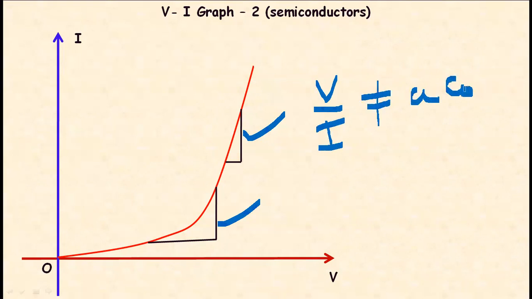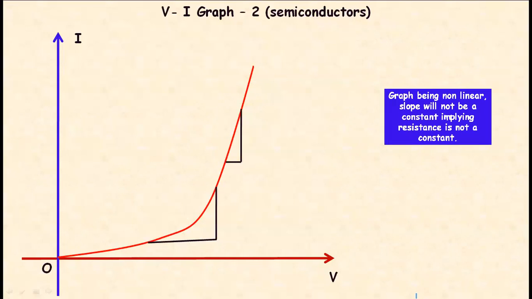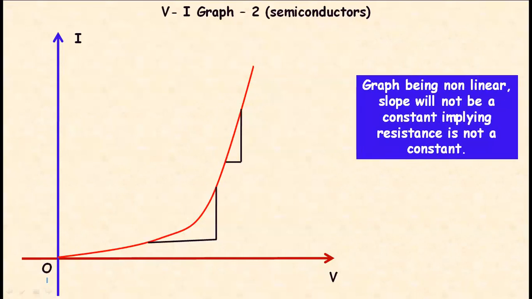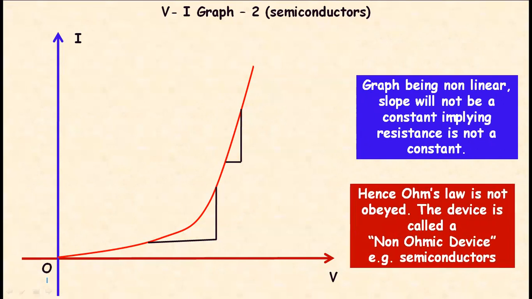When the V by I ratio is not a constant, the device does not show a constant value for its resistance and hence is not going to obey Ohm's law. Is it clear? Therefore, the graph being non-linear, the slope will not be a constant, implying the reciprocal of the slope, which we call resistance, is also not a constant. Since the resistance doesn't work out to a constant value, Ohm's law is not obeyed.